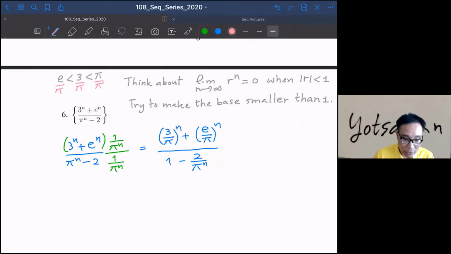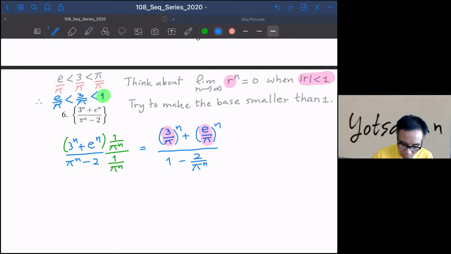So this becomes e over pi, and 3 over pi. These become less than 1, so this r turns out to be smaller than 1.